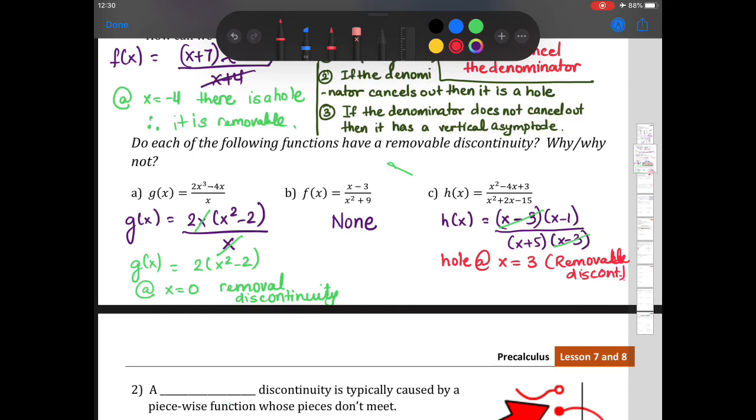I'm just going to abbreviate that. And then you have a vertical asymptote at x equals -5, because we were not able to cancel it. So if you can cancel, there's a hole. If you cannot cancel, there's a vertical asymptote.